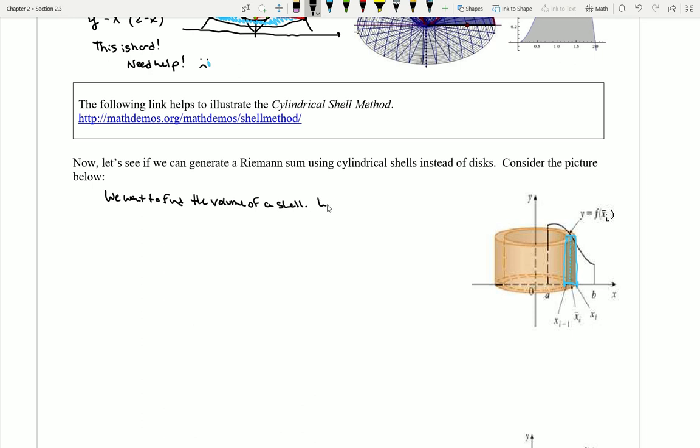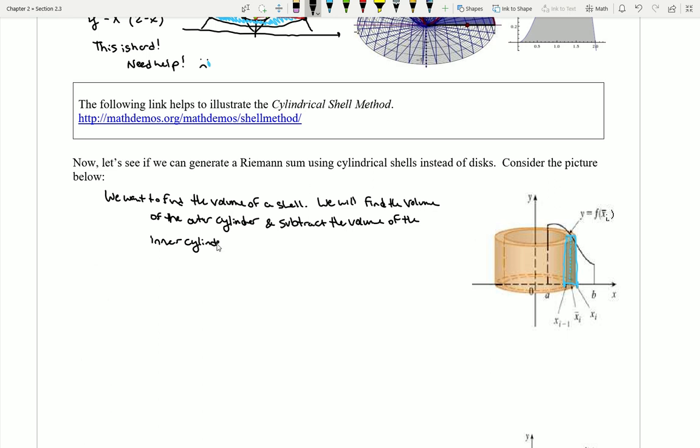And so to do this, we will find the volume of the outer cylinder and subtract the volume of the inner cylinder.